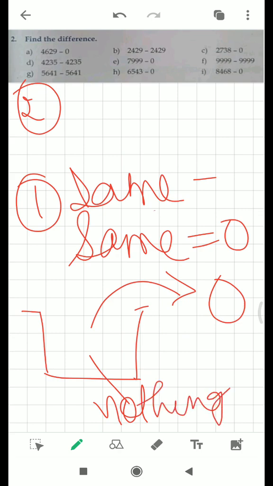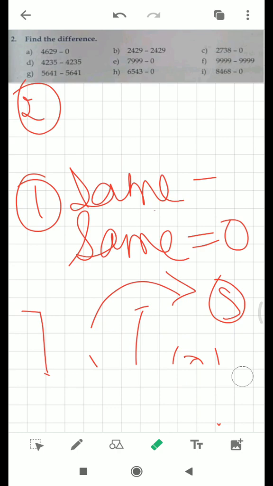Nothing, and this nothing is called 0. That means when we subtract two same numbers, the answer is always 0.